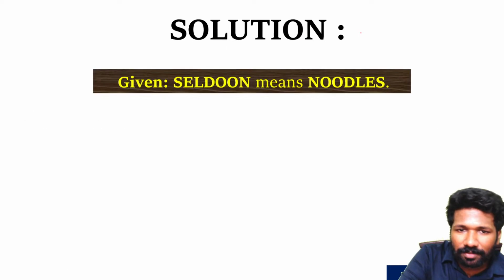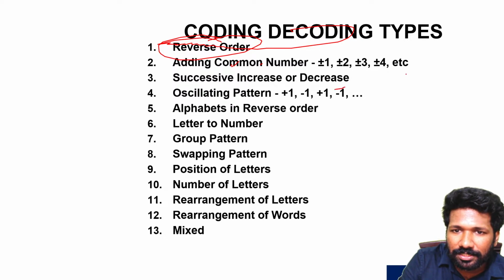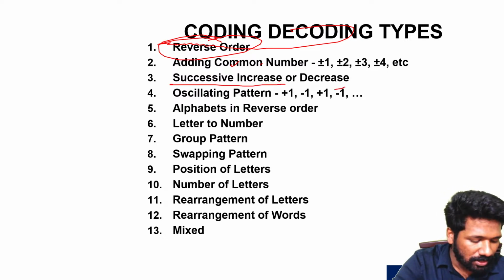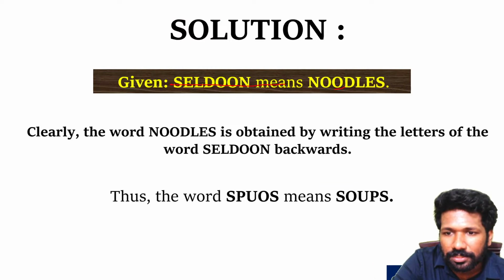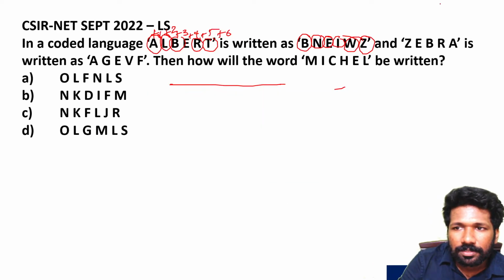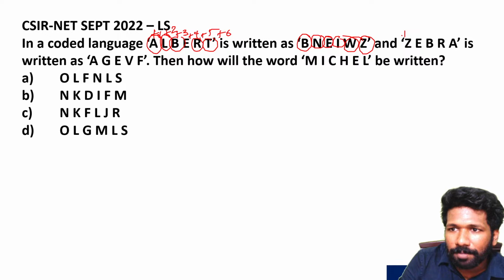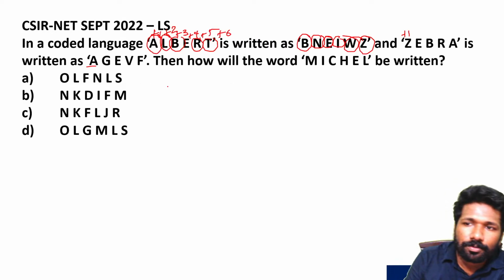That means, as we mentioned, this is successive increase or decrease. So, similarly, zebra: Z plus 1 is A, because of the cycle of letters idea I already told you.